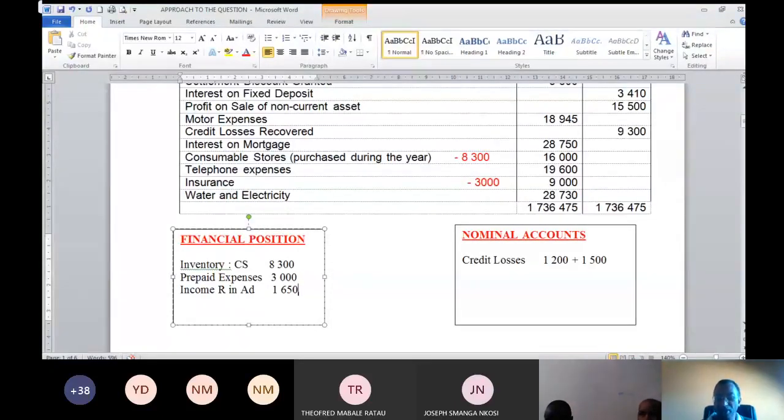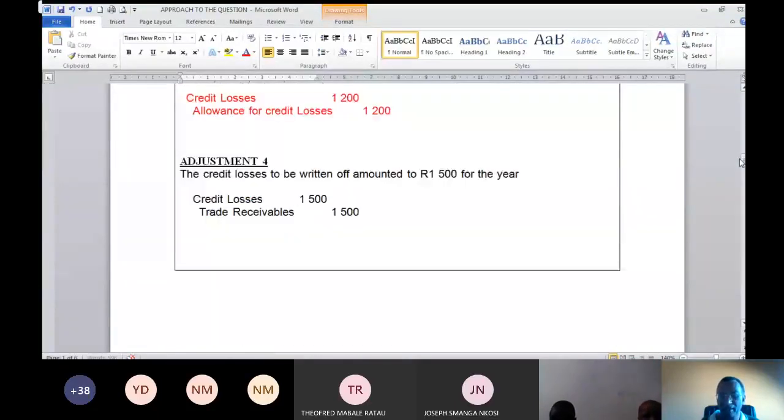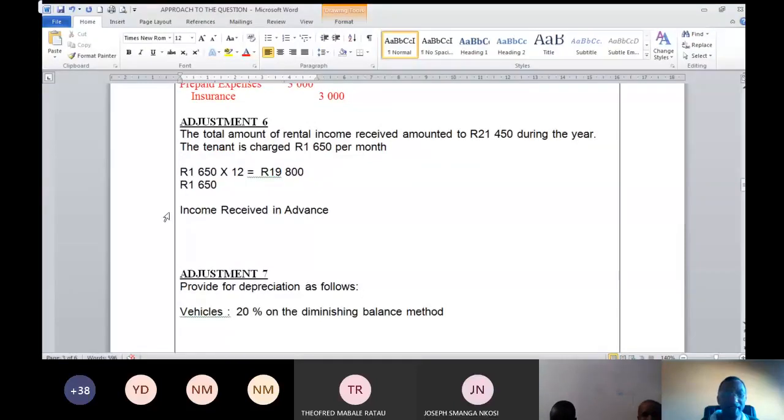Okay, guys, we are still busy with adjustments. Remember, with adjustments, there are two accounts involved. We must always indicate the two accounts that are involved. In this example now, we have established that the tenant has paid too much rent, and that was classified as income received in advance. Your income received in advance, 1 month too much, is 1,650.